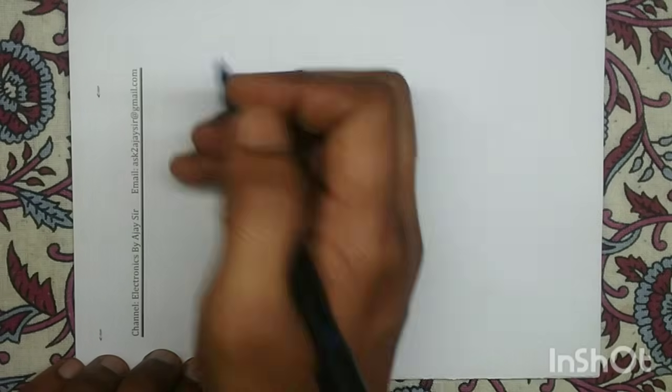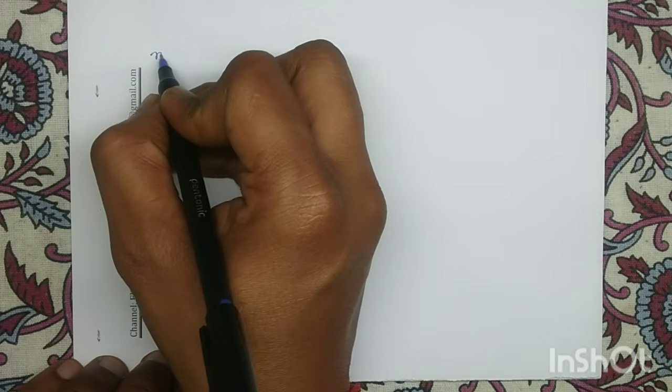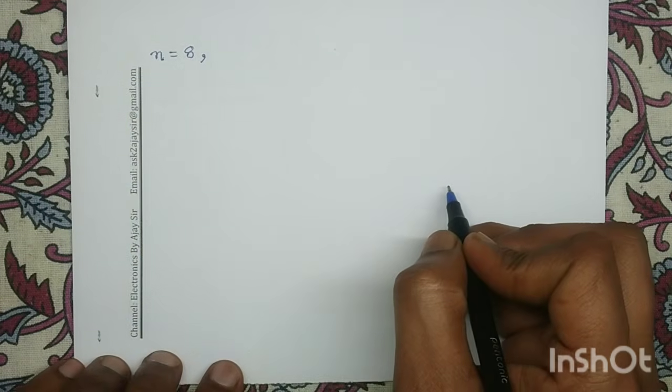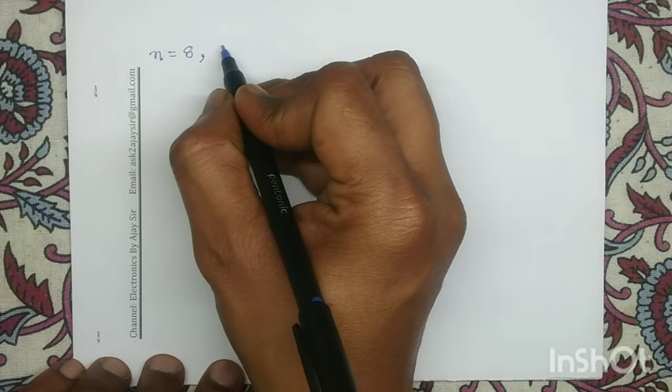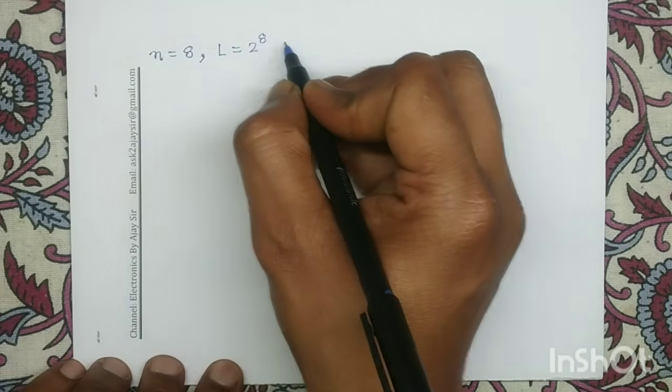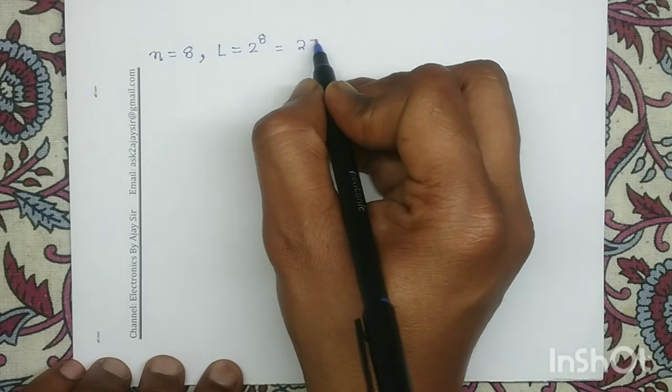So we have an 8-bit digital input image, so n equals 8. For n equals 8, the number of gray levels L equals 2 to the power 8, that is equal to 256.